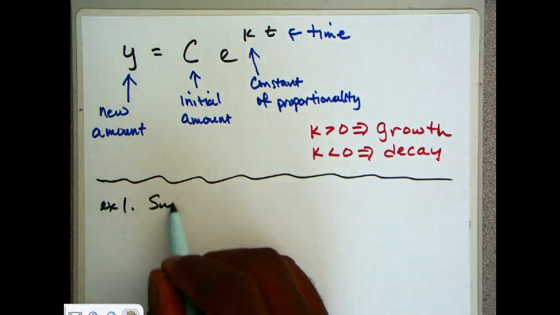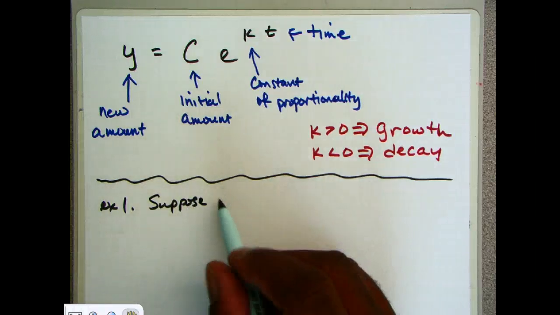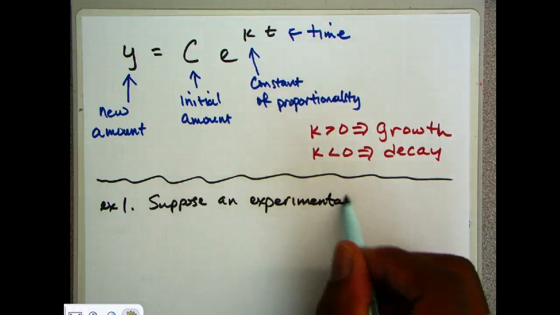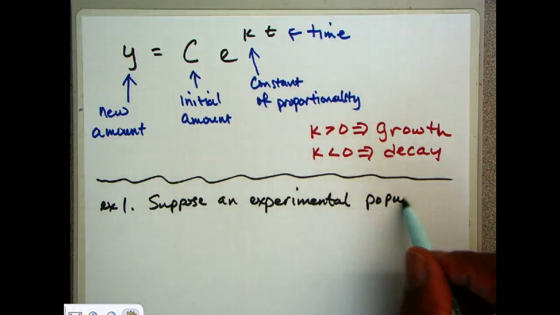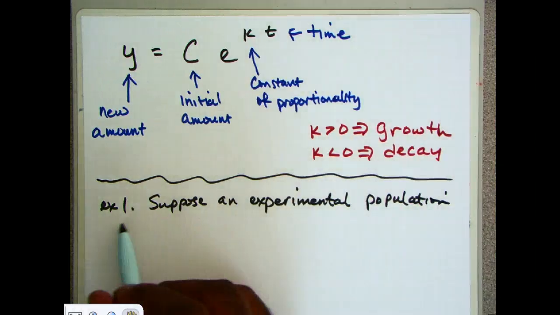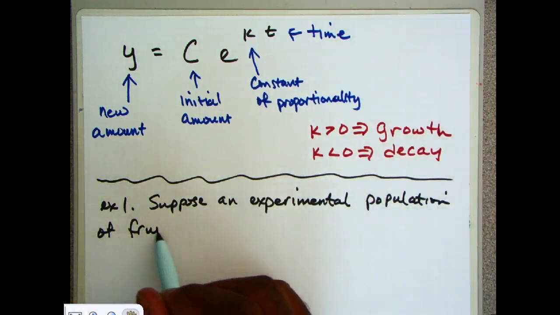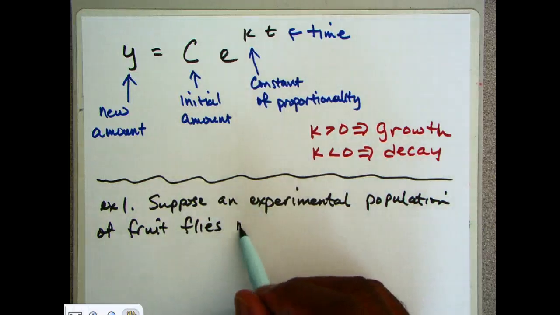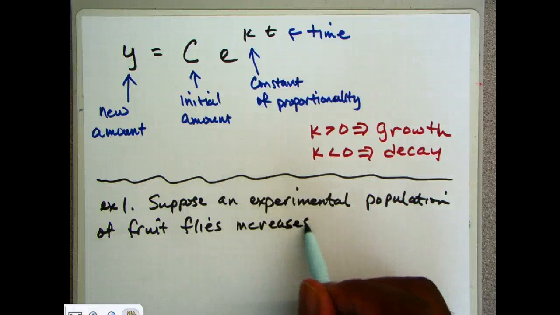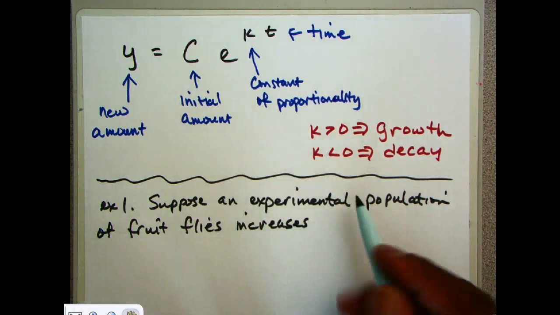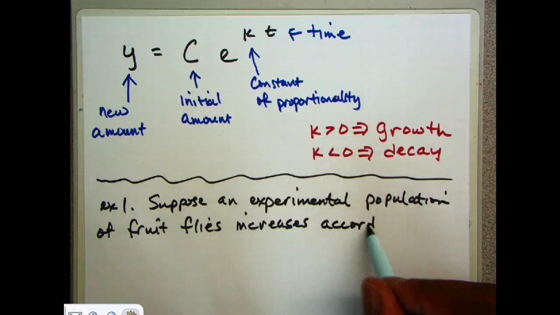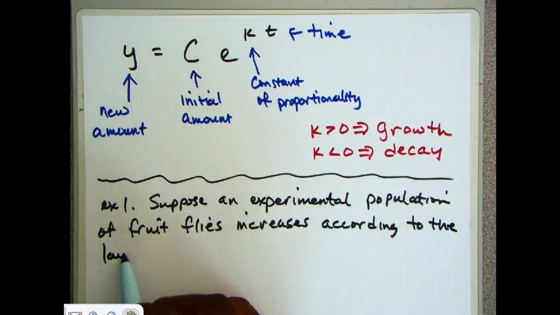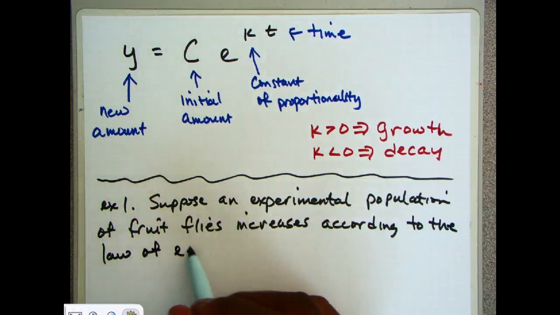Suppose an experimental population of fruit flies increases according to the law of exponential growth.